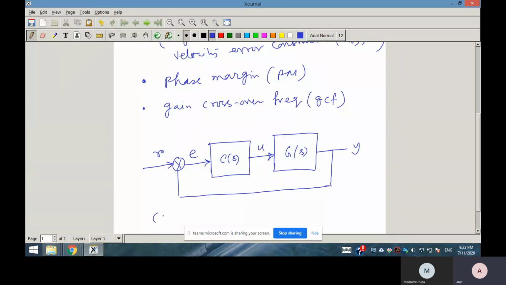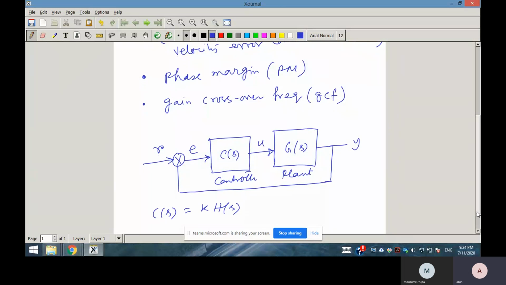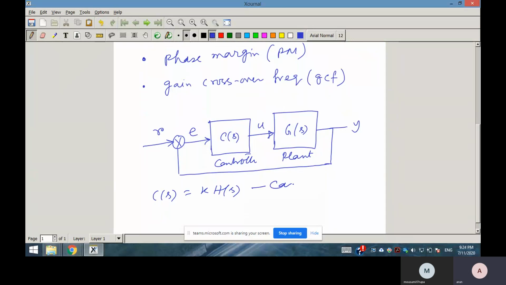C(s) we termed as C(s) equal to K into H(s). So this is your controller, and this is your plant, cascaded. That's why lag-lead controllers are also known as cascaded control. This is a cascaded controller configuration. Cascaded controller design techniques we have seen using Bode plots. So C(s) is a cascaded controller.